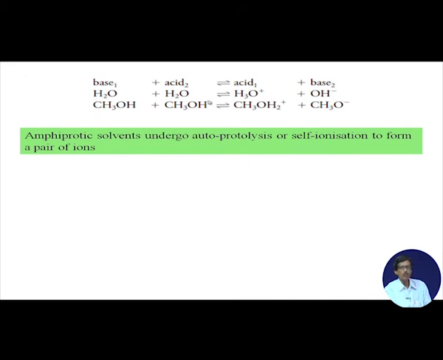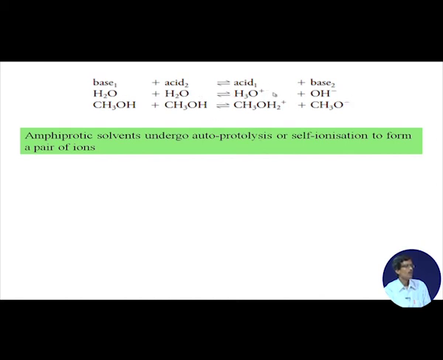You cannot stop this. If you have a mixture of these, some dissociation can take place. They are weak electrolytes as per our definition, but you cannot stop this. They are all in equilibrium.